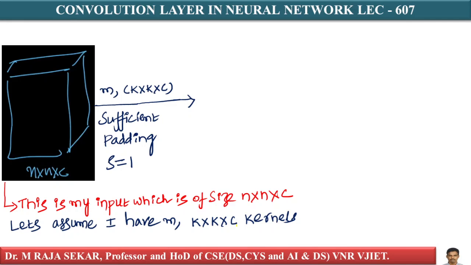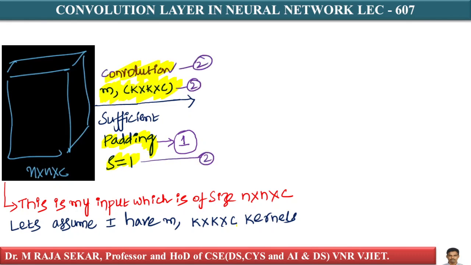And let's assume my activation is ReLU, isn't it? What is the final tensor I will get? So what am I doing? First I perform my padding. Step number 1, perform padding. Then I perform m convolutions in step 2, using this stride equal to 1.